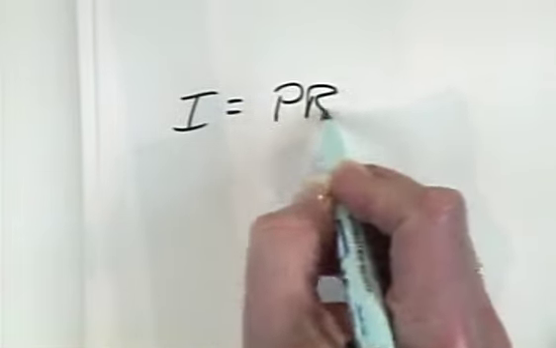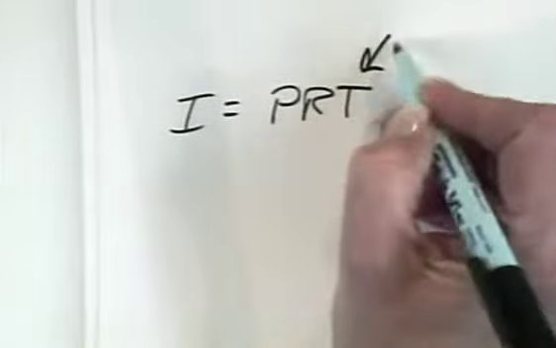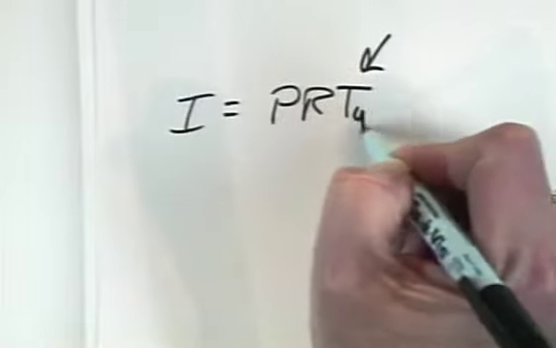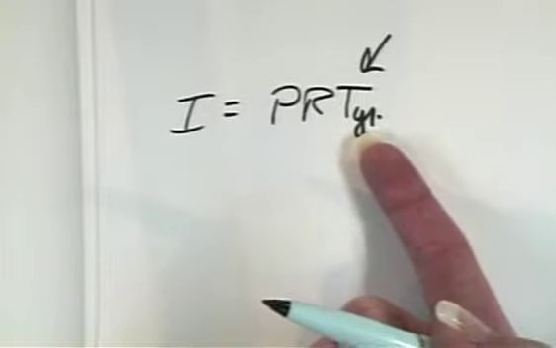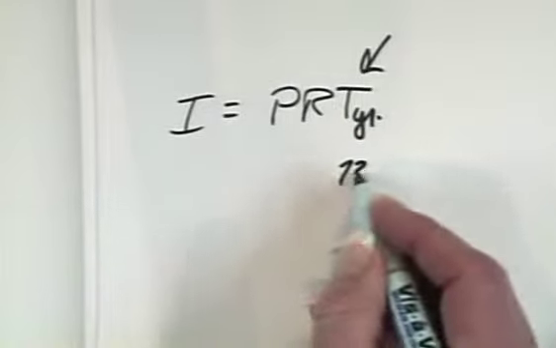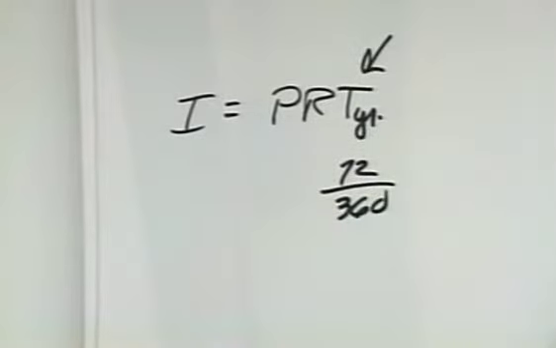When we're coming up with I equals PRT, the time here always needs to be time in terms of a year. Does that make sense? So if it is 72 days ordinary, then I've got to convert the time in terms of a year to 72 divided by, and I just made that number up, 360.